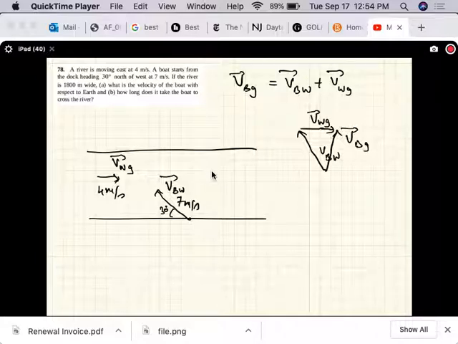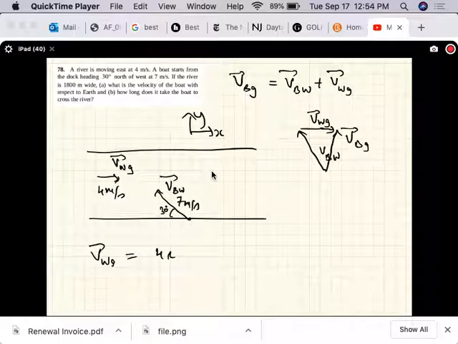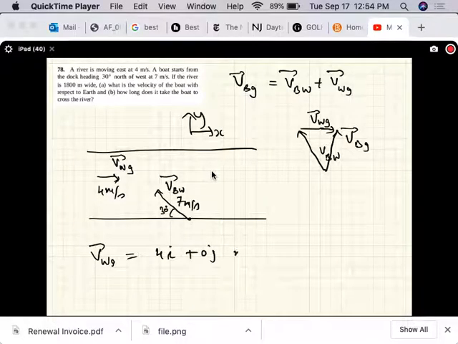So again, when you add vectors, what is it that you want to do? You want to write the components. Okay, so let's write their components. Velocity of water with respect to ground, this is easy. Again, I'm assuming that that's 4i plus 0j.